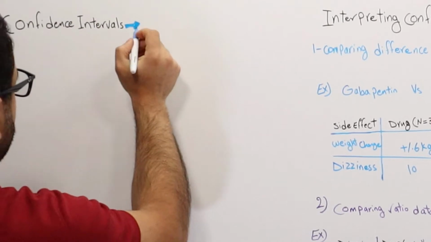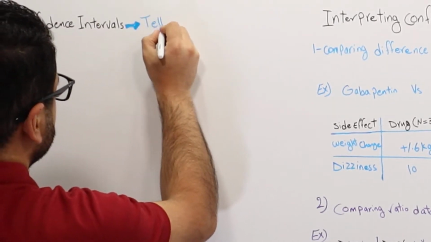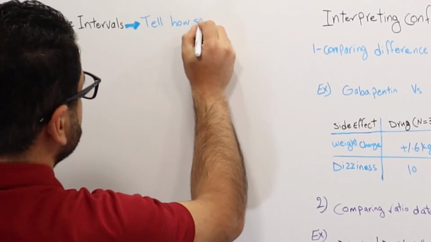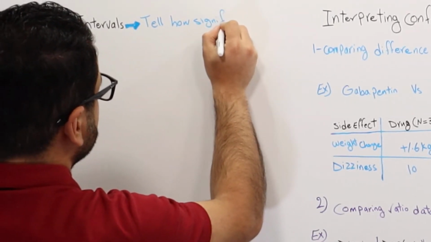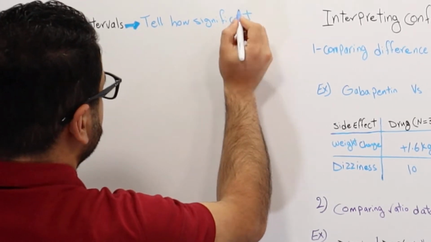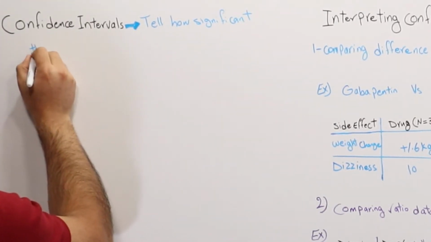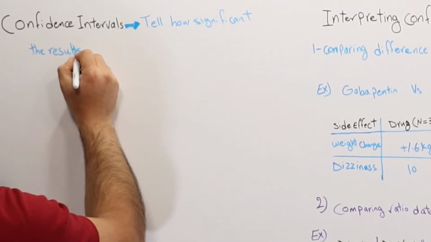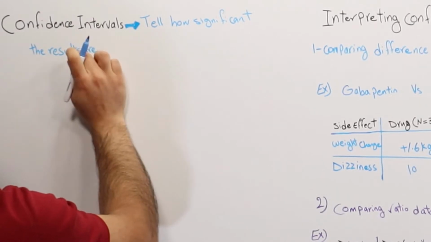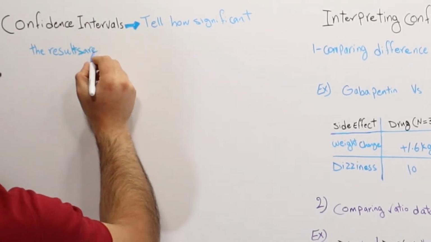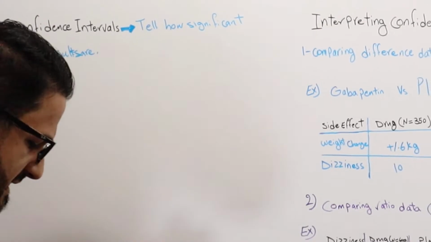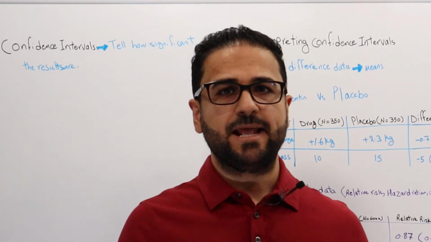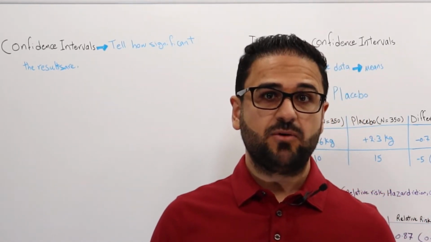What they do is tell us how significant the results are. So basically, in a study there are usually confidence intervals and there are the p-value and alpha.